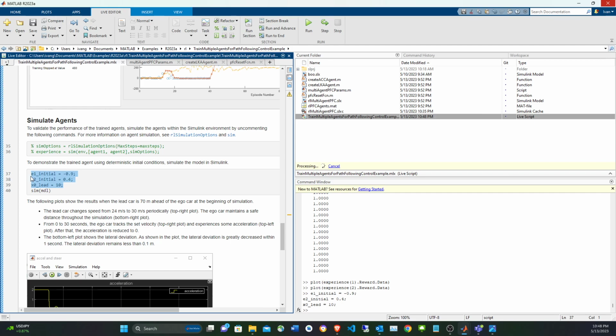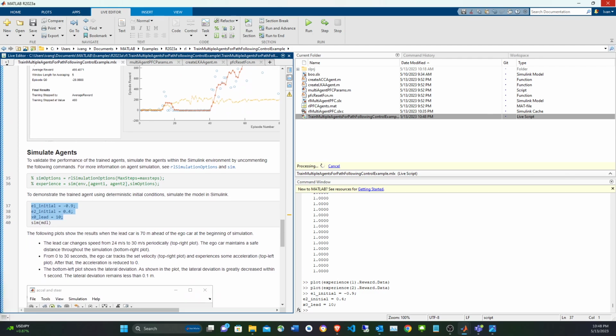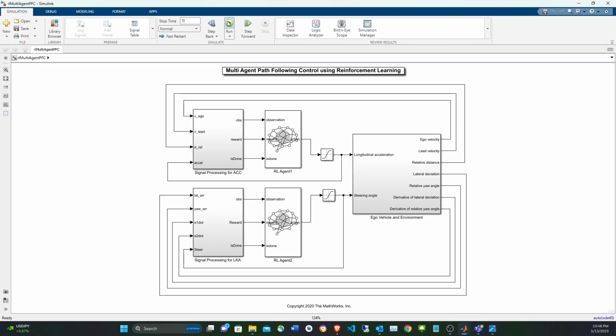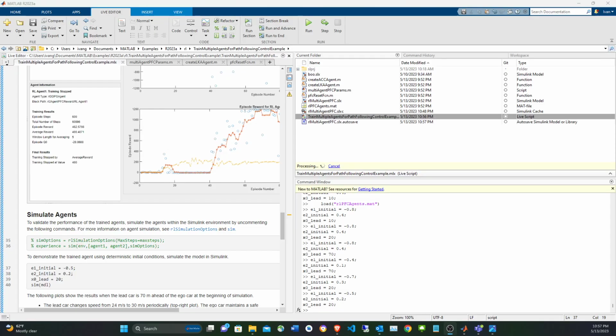Okay. And now we can use the sim command, but instead of doing that, we're just gonna run the model. So we're just gonna use this one. So I'm gonna put the plots just to show it. I had to change these parameters a little bit because the model was not working. So instead of having something close to 1 for the maximum lateral deviation, I changed it to 0.5, which is halfway.